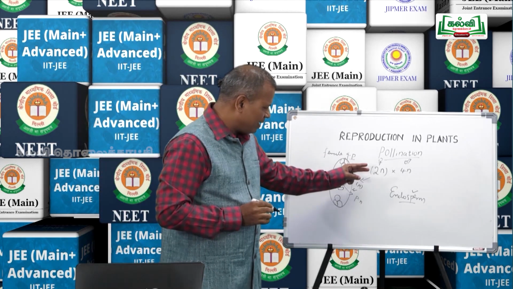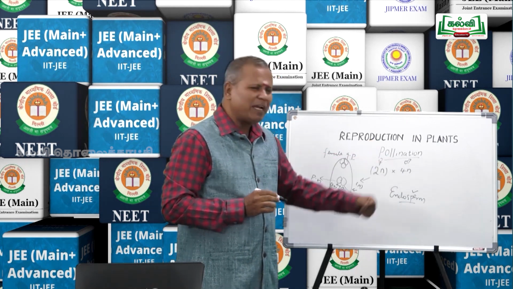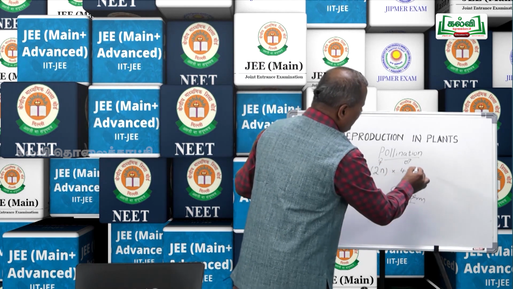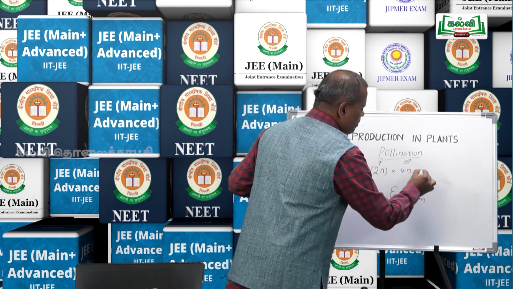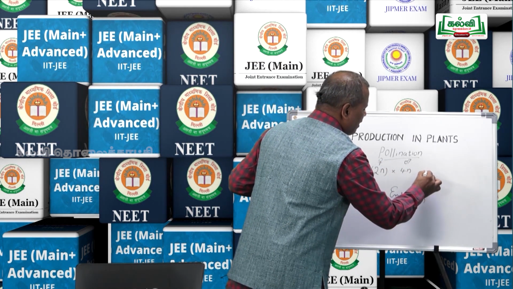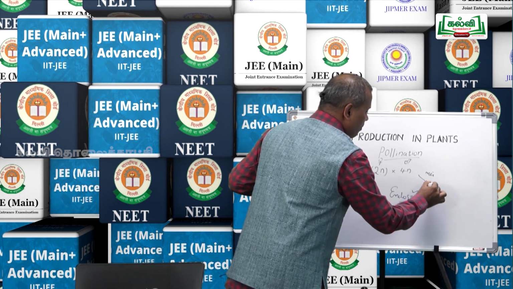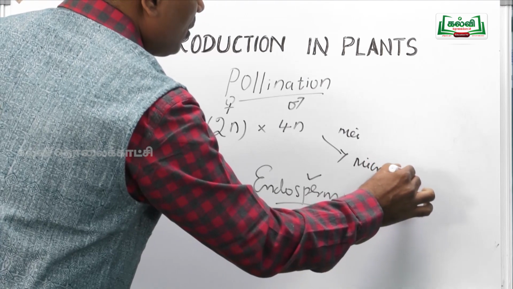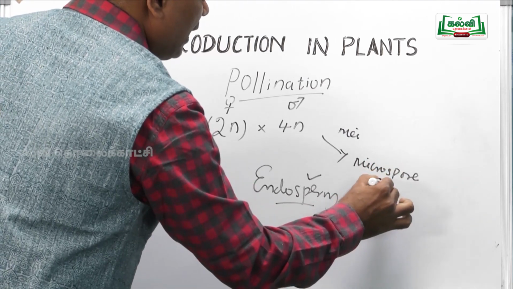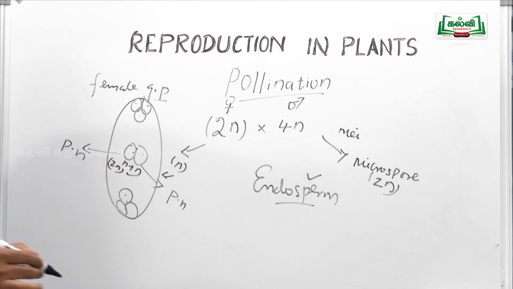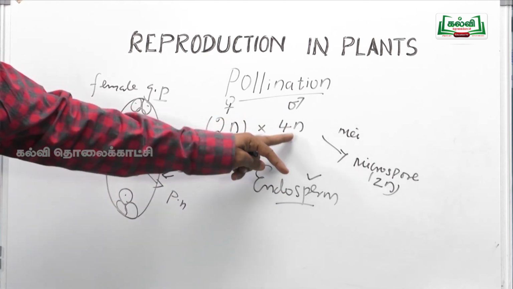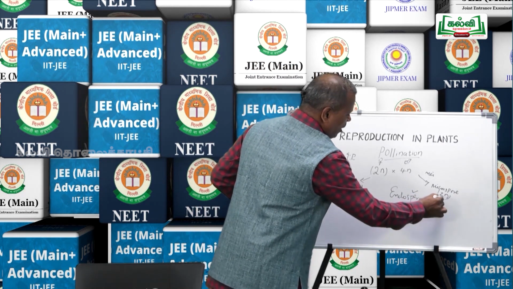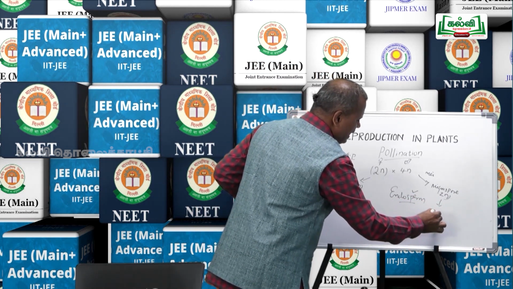This diploid female is crossed with a tetraploid male. Tetraploidy means 4 sets of chromosomes. This male undergoes meiotic cell division to form microspores or pollen grains. The microspores are diploid in nature because at the end of meiosis 4N becomes 2N. From the diploid microspore, diploid male gametes are formed.